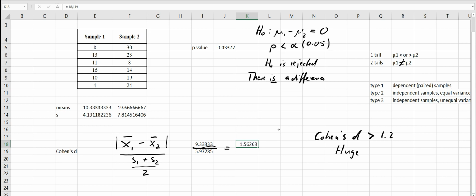So what we see here is that the difference between the two samples is not only statistically significant, but in practice it's also considered a really large and major effect. That is basically what Cohen's d tells us. Cohen's d calculation, of course, only makes sense if there is a statistically significant difference between the sample means.